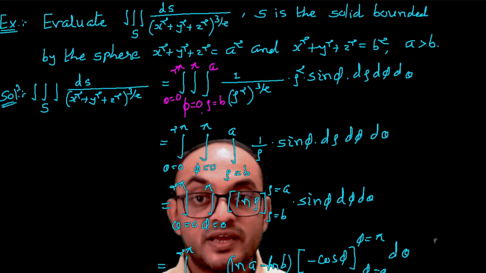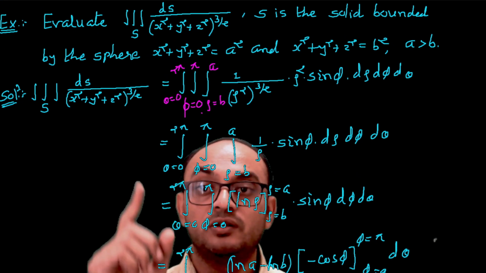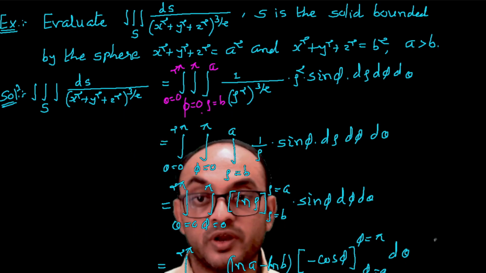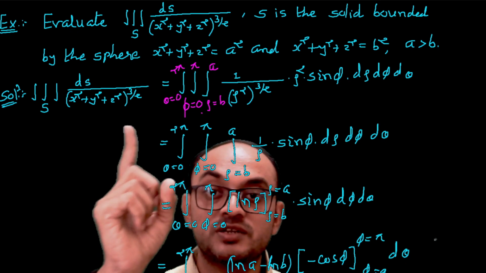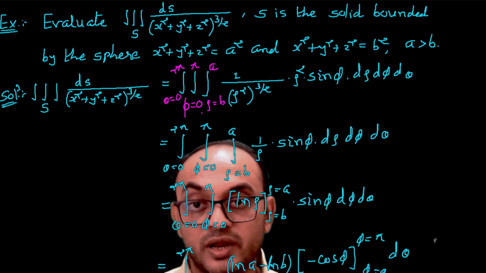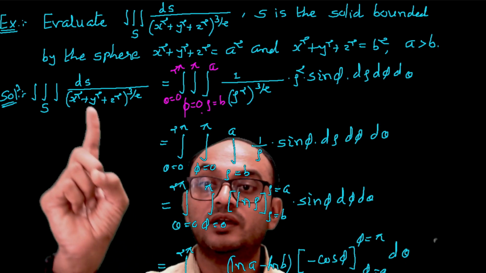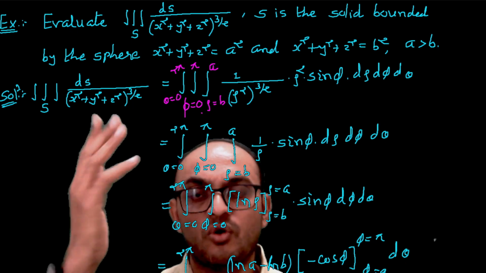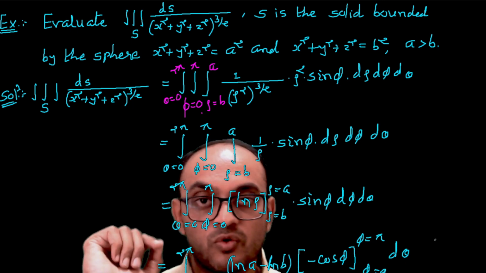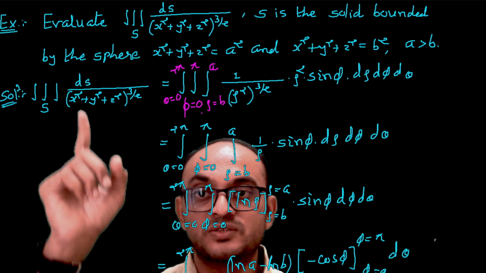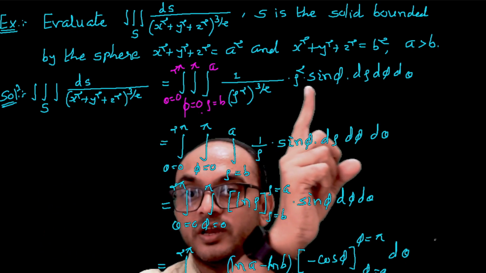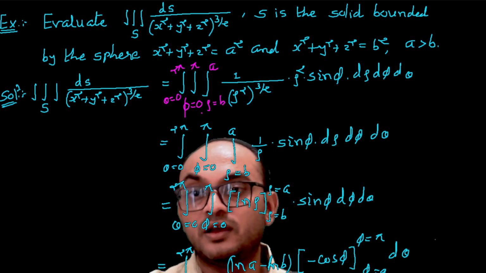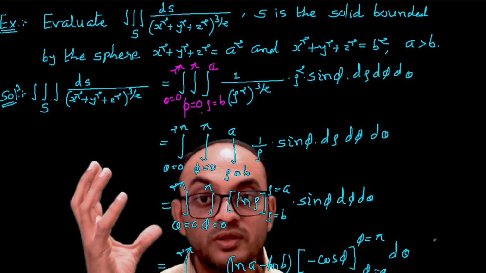I repeat the exercise. What we have done here, we converted the Cartesian coordinates into spherical coordinates. When you convert the Cartesian coordinates into spherical coordinates, then this ds, which is dz dy dx, or any combination of dx dy dz that we have already seen in the last video, right? So this ds will be converted into rho square sine phi d rho d phi and d theta for the whole sphere.